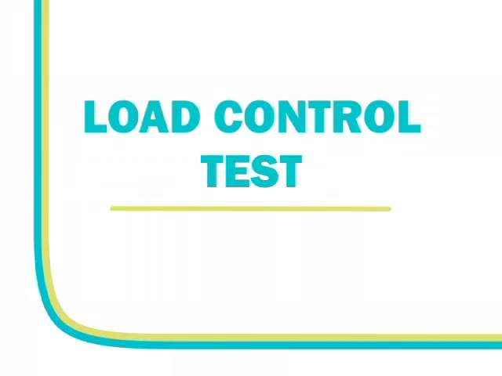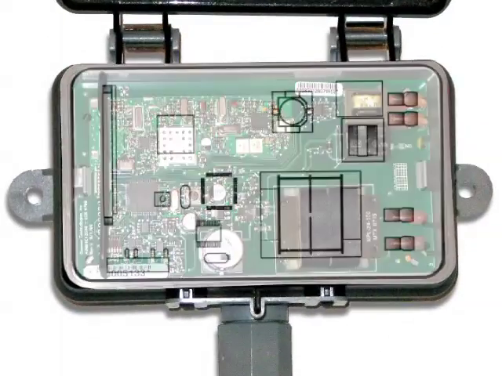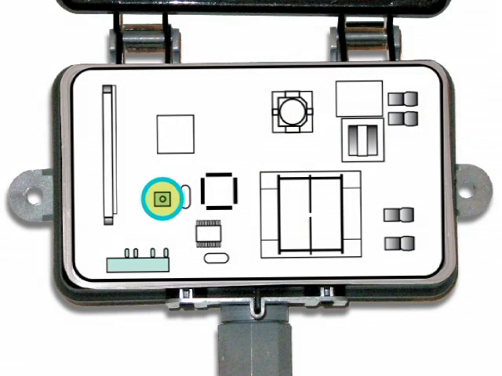To perform a load control test, first push and hold the test button while applying power to the switch to cancel any current control or cold load pickup and bypass the power stability detection. Now, push and release the test button to immediately control the relay for a configurable amount of time.